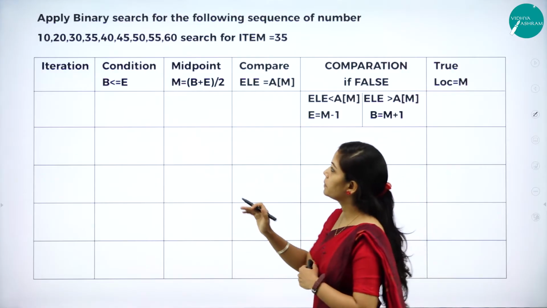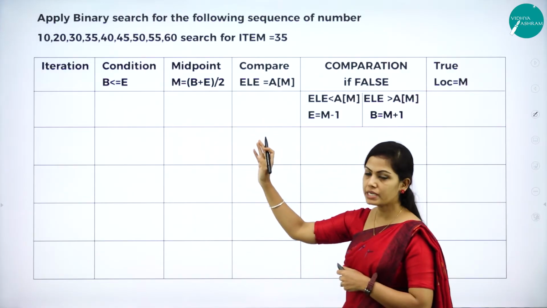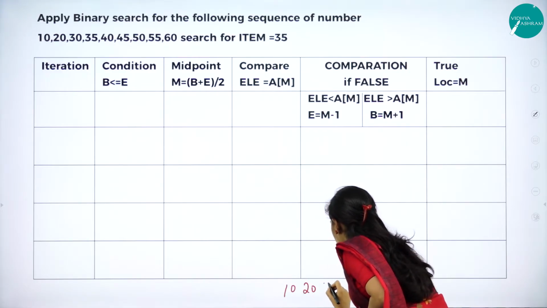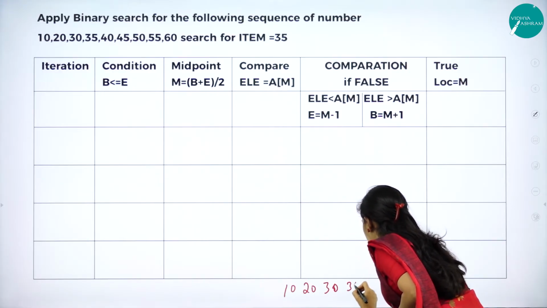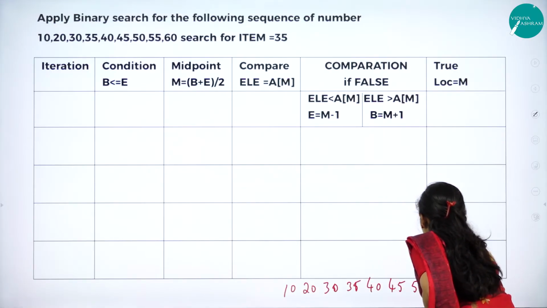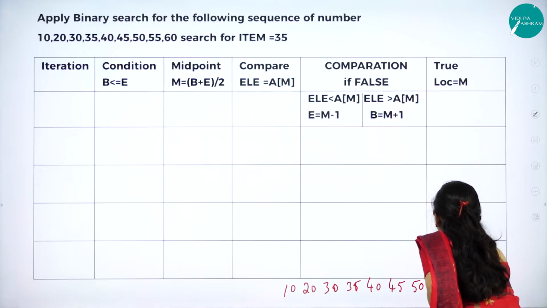So, here we have to search for the element 35. We have the elements 10, 20, 30, 35, 40, 45, 50, 55 and 60.